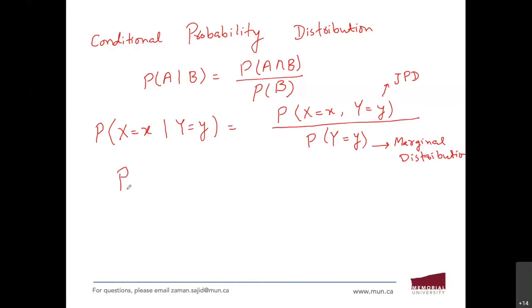Now this thing is also denoted as P of, now you need to pay attention here because I'm talking about the conditional probability here for joint.